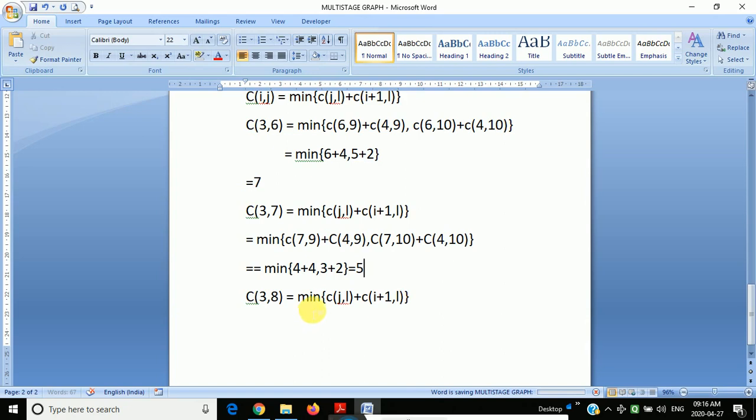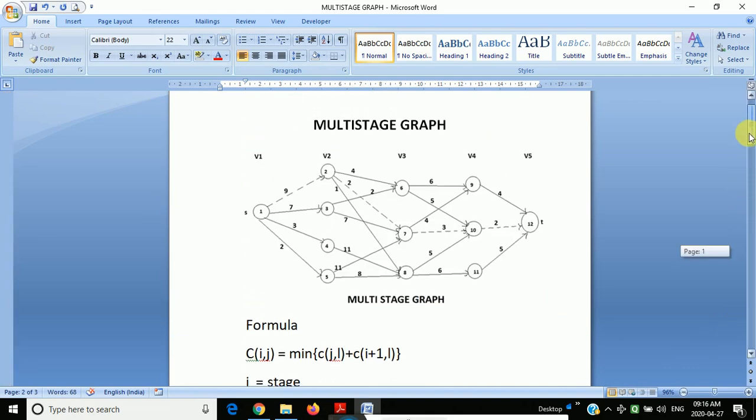Next is 3 comma 8. So 3 comma 8, same thing. Minimum cost of, J means 8. 8 where it is connected, just check. 8 is connected to 10, 8 is connected to 11.